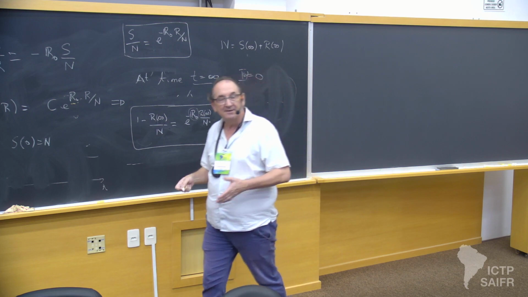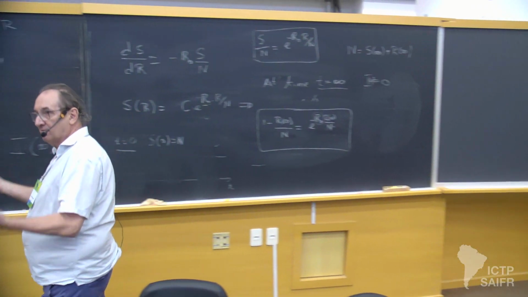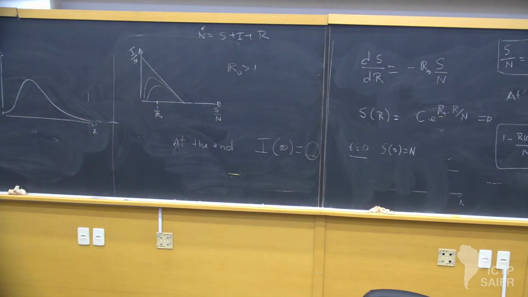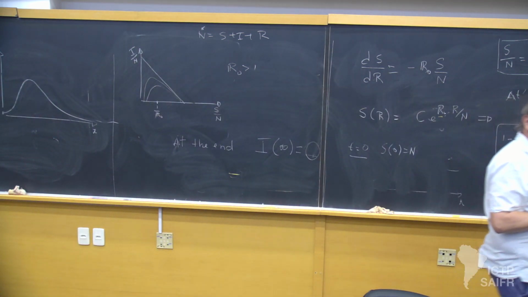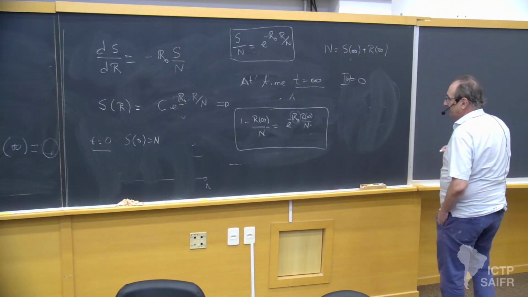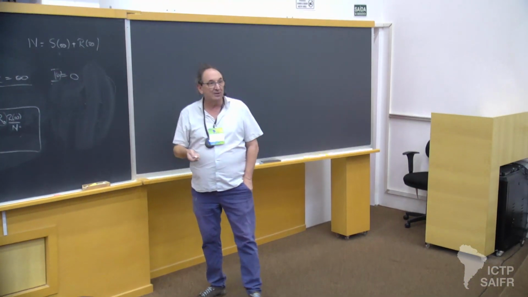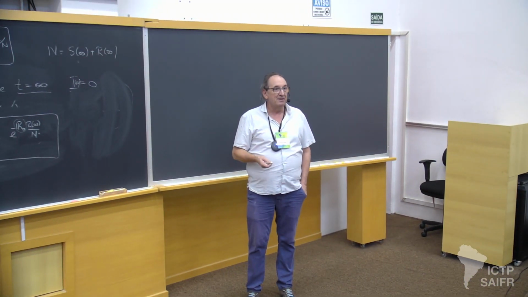So this can be calculated. Again, it's not given by known functions, but I hope I've convinced you that you don't care anymore if you know the functions. And then what you do at the end is you make a plot.